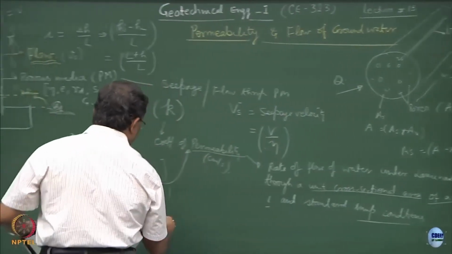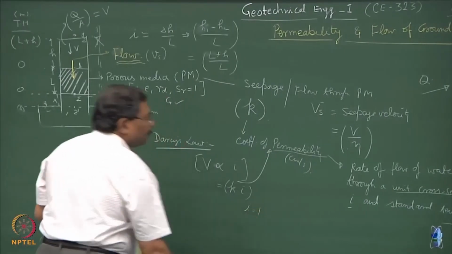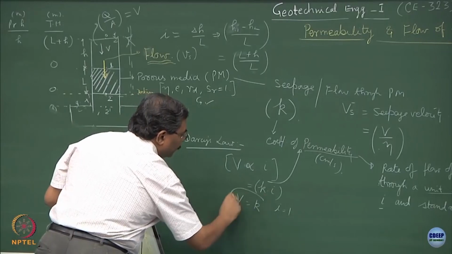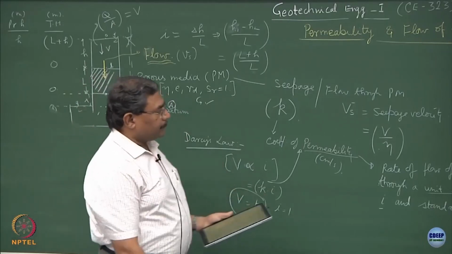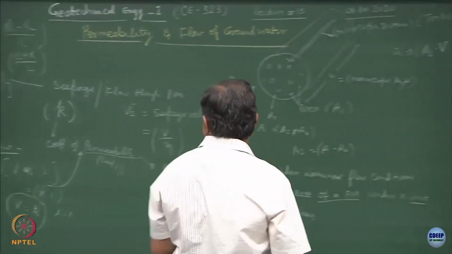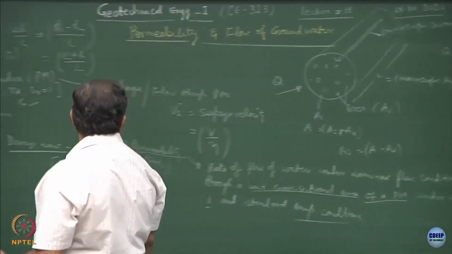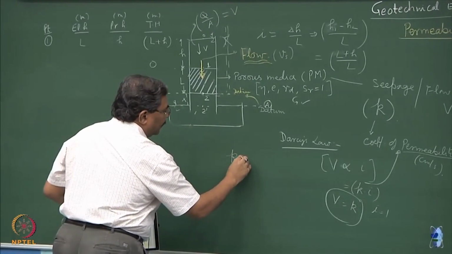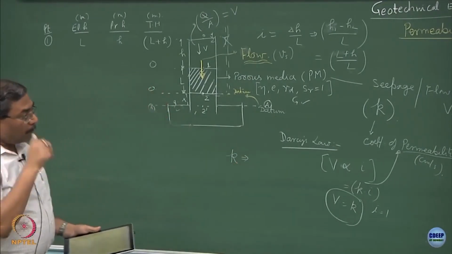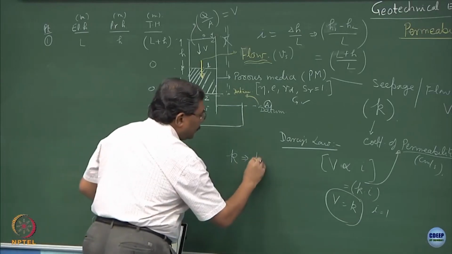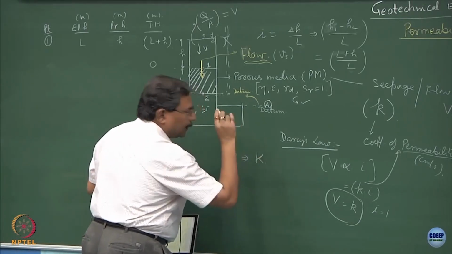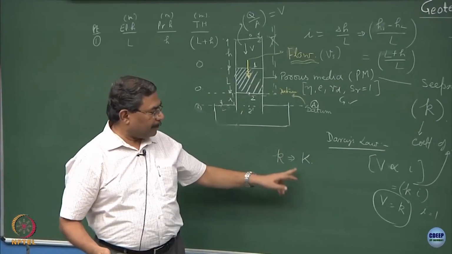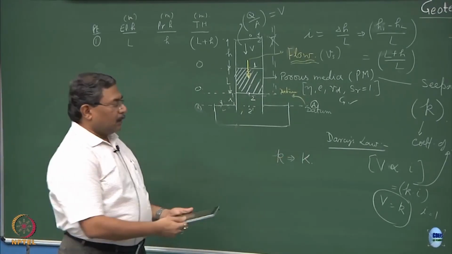That means, if I put I equal to 1, the discharge velocity is equal to K. Now, most of the time what is done is that there is a relationship between coefficient of hydraulic conductivity and, I think last time I told you to stick to small k because I wanted to preserve capital K for some other notation.